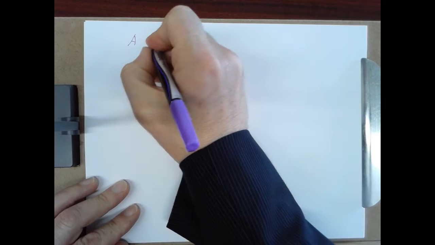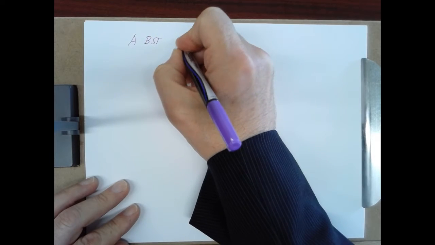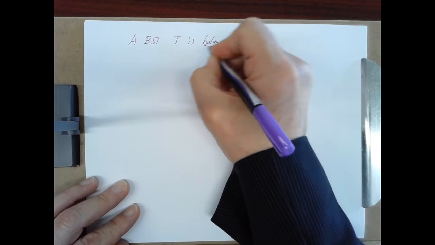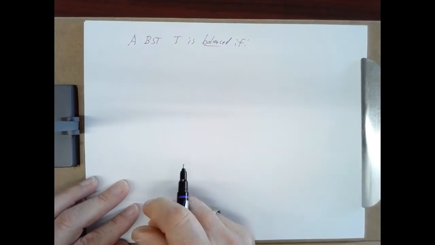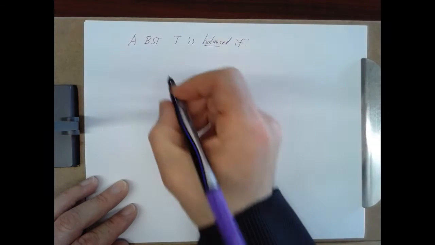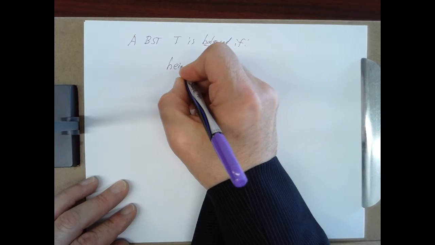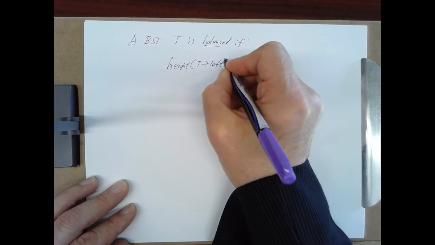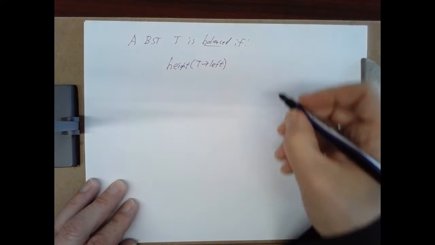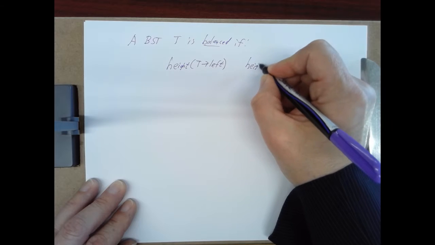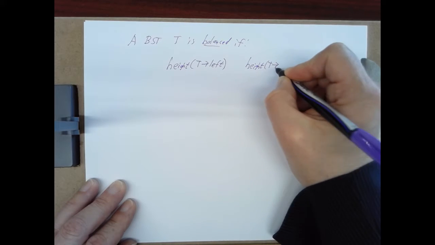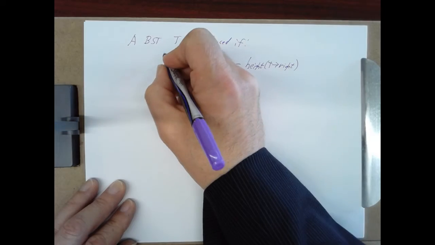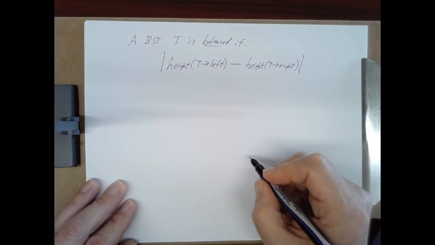So a binary search tree, T, is balanced if the following conditions are true. Look at the height of the left subtree, and look at the height of the right subtree. Take their difference and look at the absolute value of that.